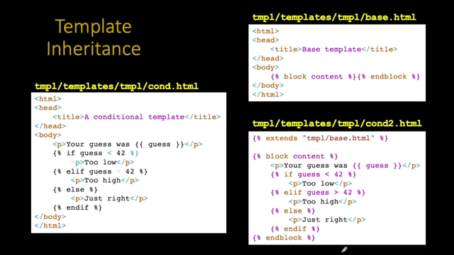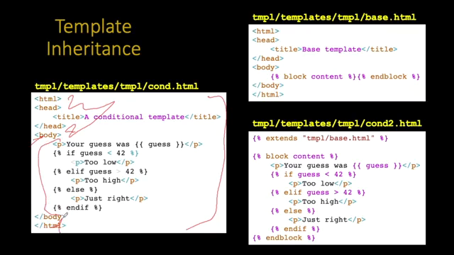So we're going to do this in a very, very simple way. So we have one template, this cond.html that we've been playing with. You'll notice it has some HTML and a title and a body tag and some of this, and then it's got this stuff. Well, let's say we wanted a bunch of pages that had everything but the body.